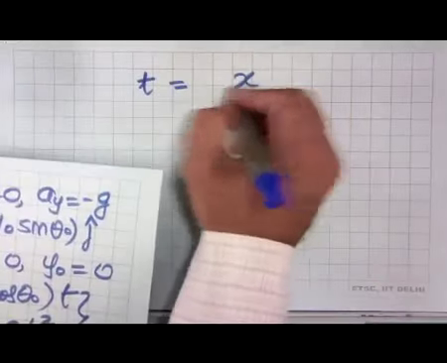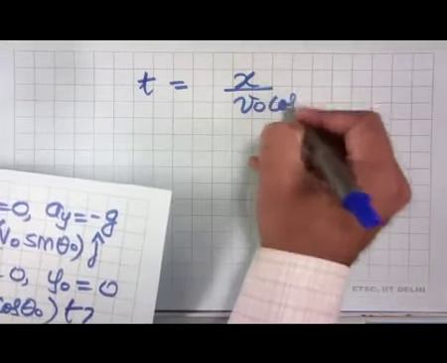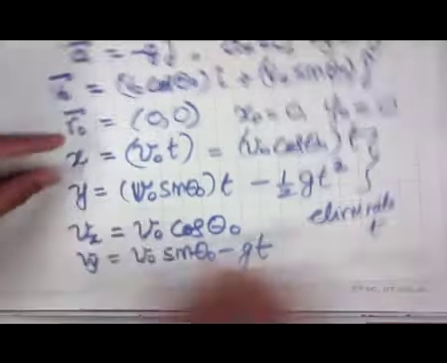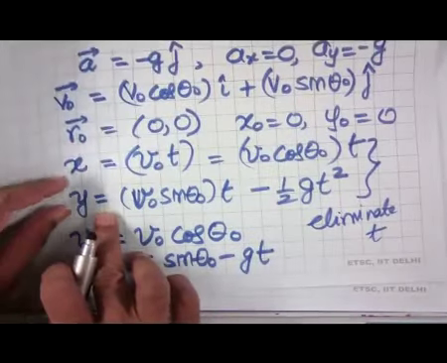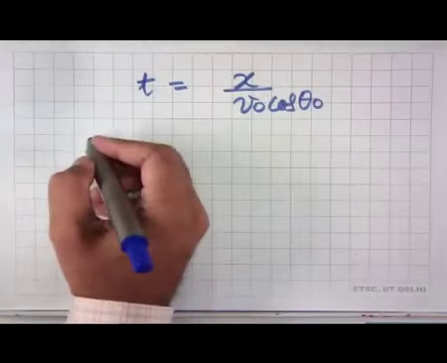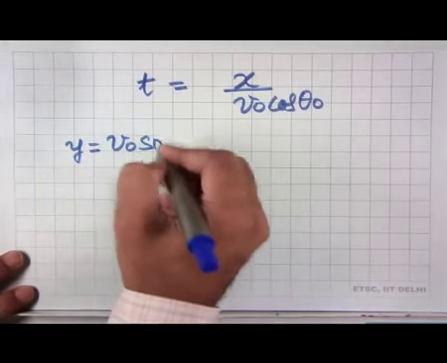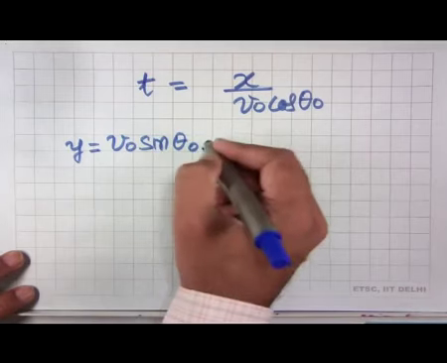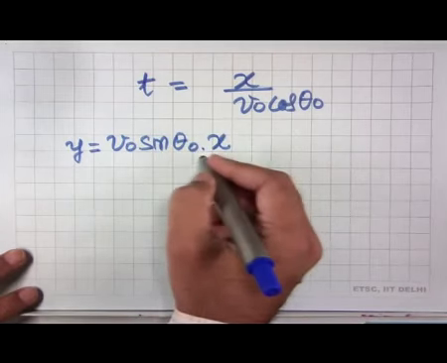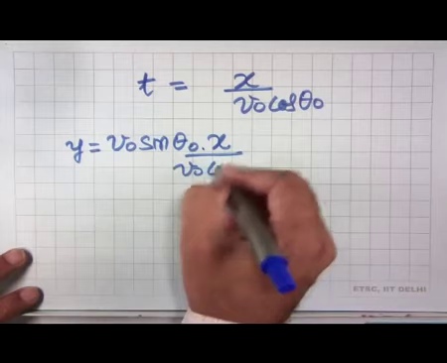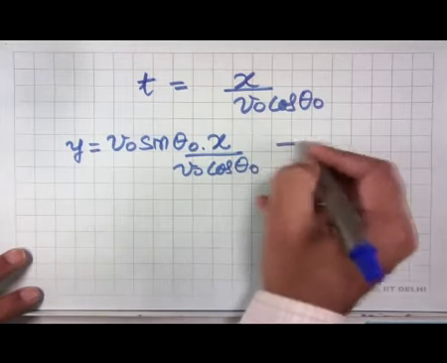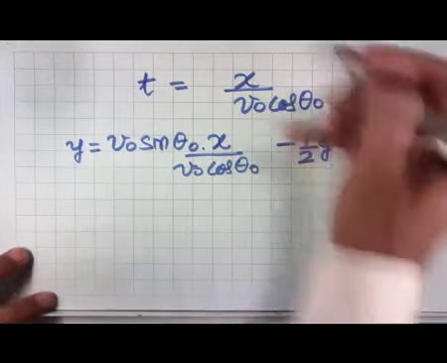We have t equal to x divided by v 0 cos theta 0, and we put this value of t in the y equation. So, we get y equal to v 0 sin theta 0 into t, which is x by v 0 cos theta 0, minus half g into t square.